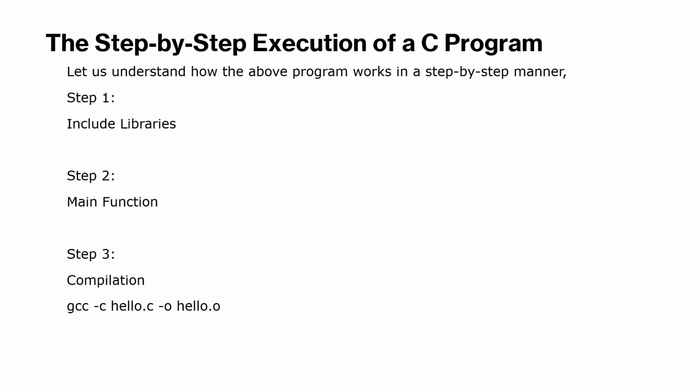Step 3. What is step 3? The compilation. What are the processes involved? How to compile the code. For compilation, if you have the GCC compiler, this is the statement to run the compilation. First we give the gcc command, and hyphen c.